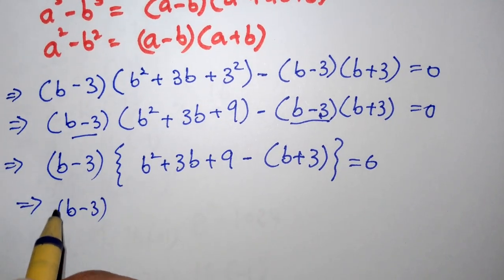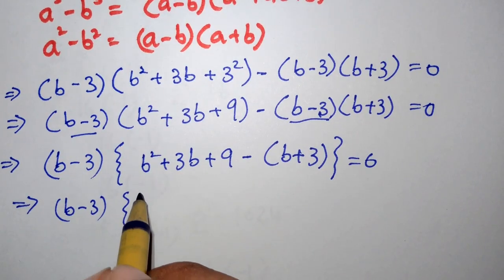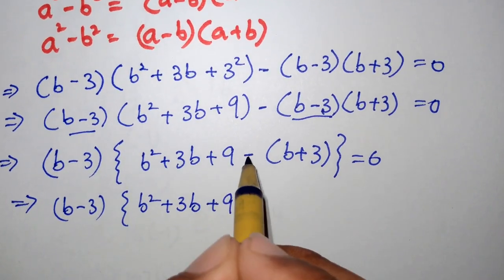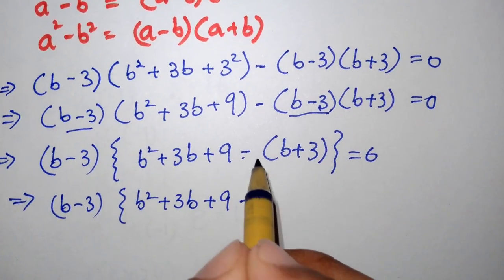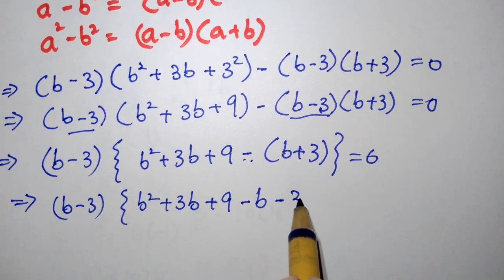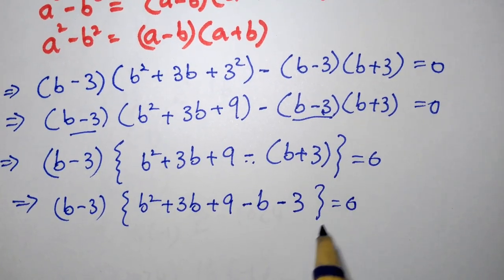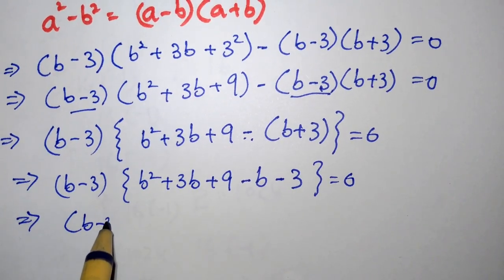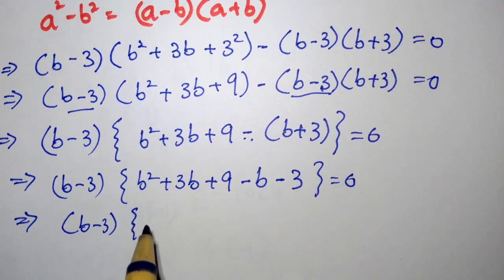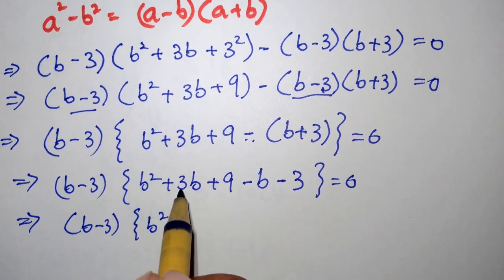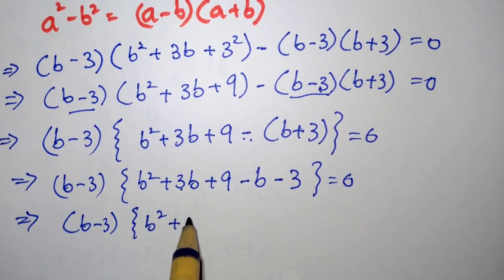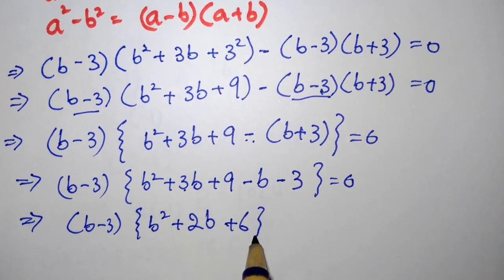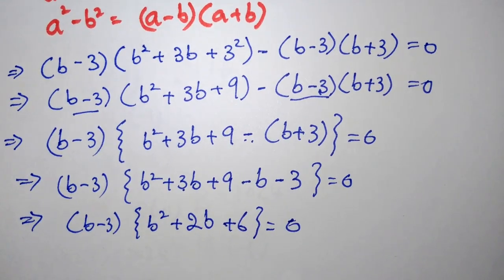B minus 3 times b square plus 3b plus 9 minus multiply b is equal to minus b, minus multiply plus is equal to minus 3 is equal to 0. B minus 3 times b square plus 3b minus b is equal to plus 2b plus 9 minus 3 is equal to plus 6 is equal to 0.